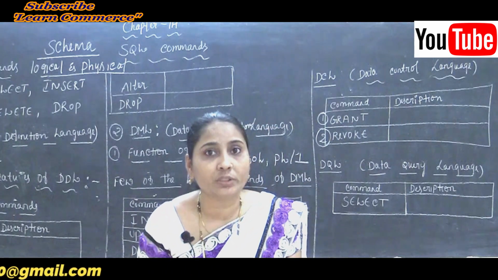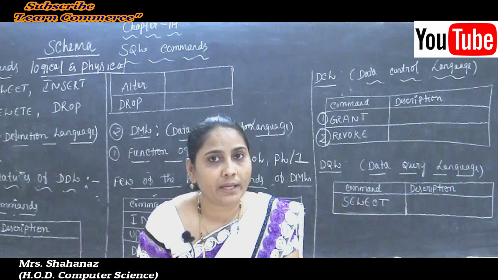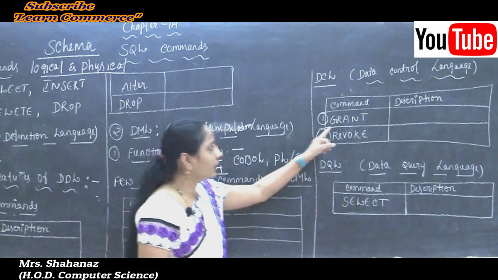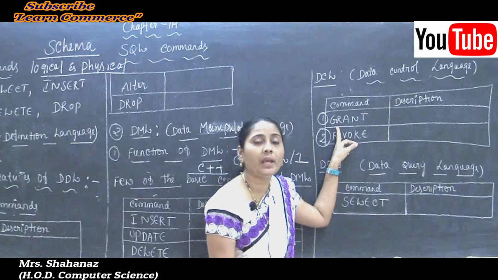First of all, we need to take the granting permission from the user to perform any kind of operation. So we can say that it gives the permission or privilege to the user.